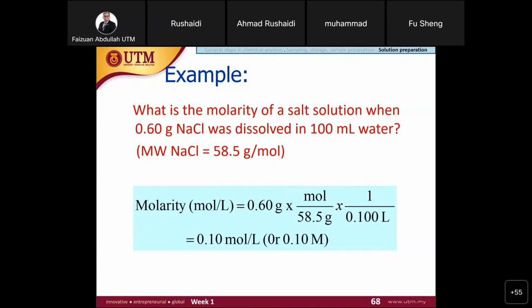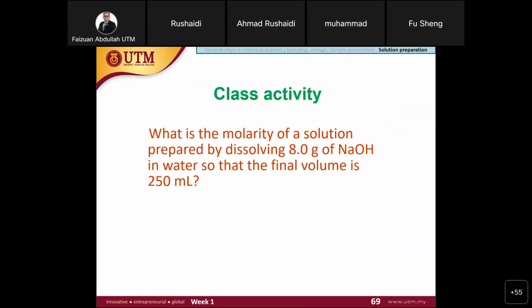So we get 0.1 mole per liter, or 0.1 we call as molar. The short form of molarity is molar. When somebody says 0.1 molar, it means that it is 0.1 mole per liter, right?